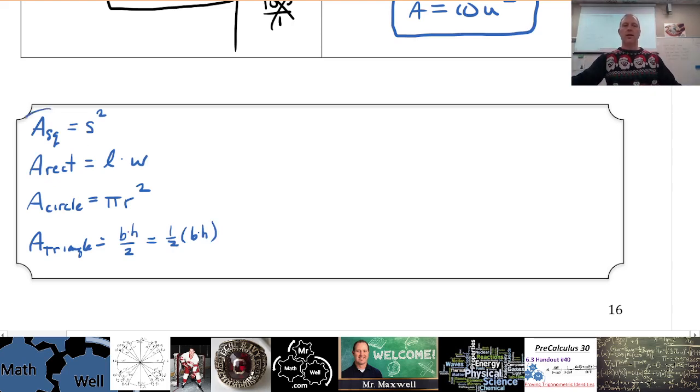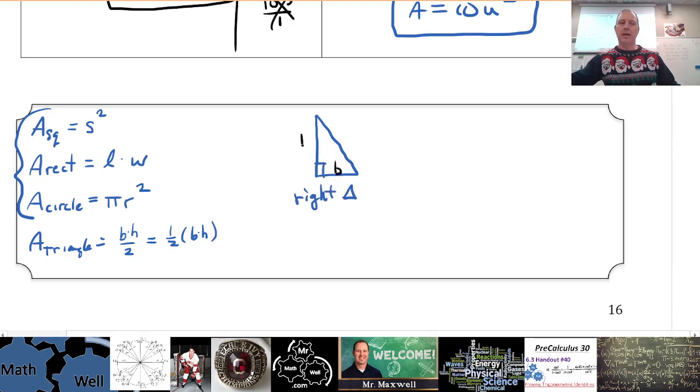Now, these three are pretty straightforward, but the triangle, I would like to just remind you that in a right triangle, this is the base and this is the height. The side length also is the height.